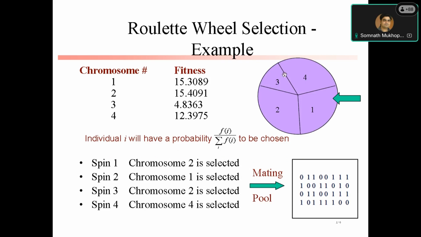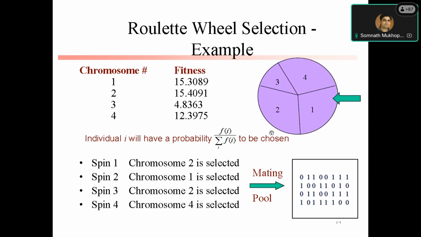There are many selection algorithms, but these are the popular, classical ones which we can use for selecting the best solution. One is the roulette wheel selection algorithm, which ranks the solutions in terms of their fitness value. Suppose this is one wheel. The wheel has several partitions, and the partition size is based on the cumulative sum of these fitness values.